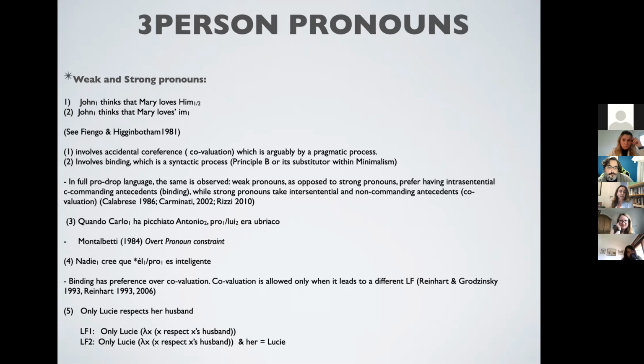In this case, according to Reinhart, a strong pronoun will be used because it can lead to a different interpretation. But according to Reinhart, strong pronouns trigger a process of reference set computation, which we'll discuss later.